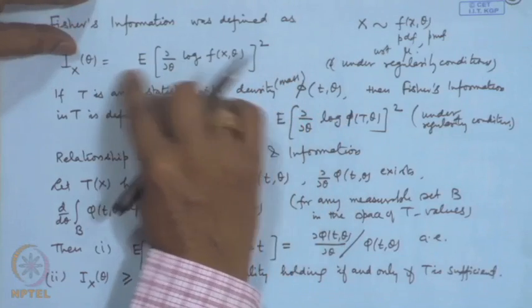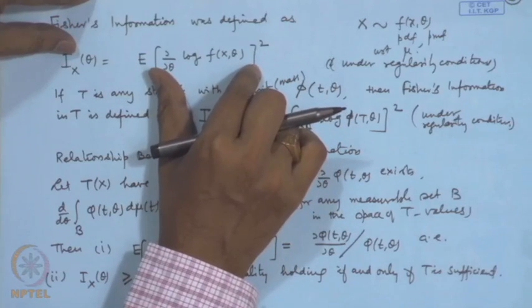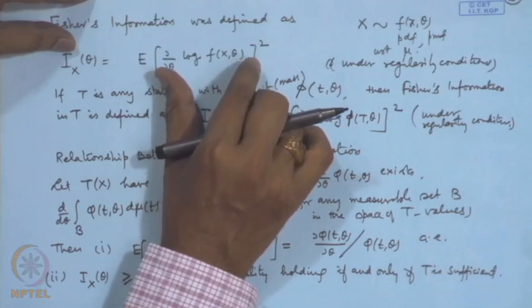This is the physical meaning of the concept of sufficiency, if we consider this definition as the definition of information, because this I_X(theta) we call information in the sample. So, there is no loss of information if we consider a sufficient statistic. Let me prove this theorem here.